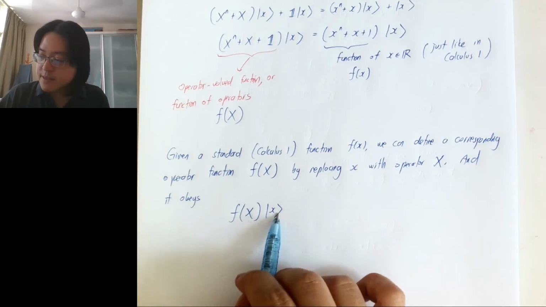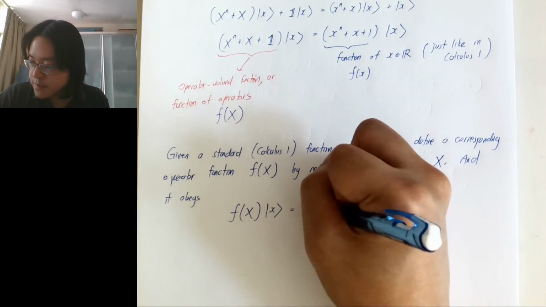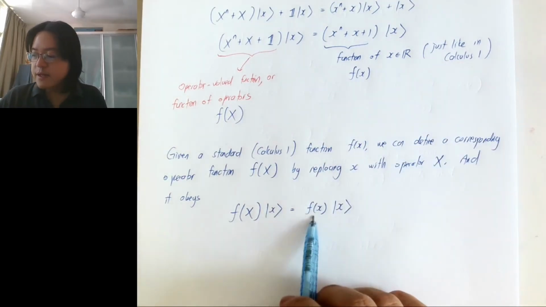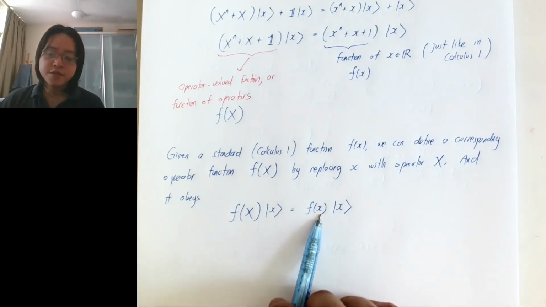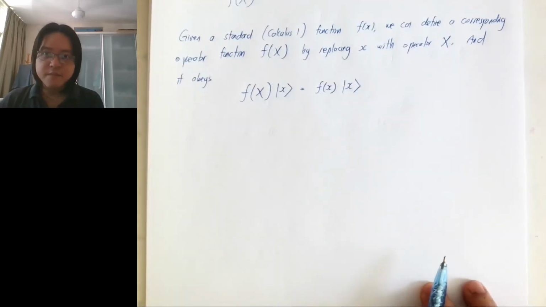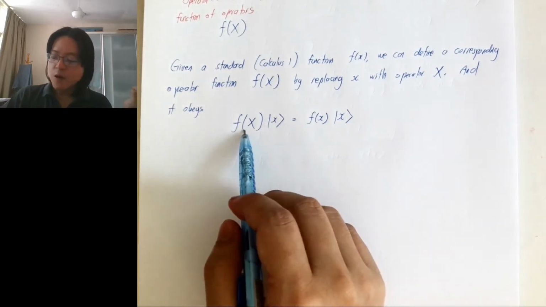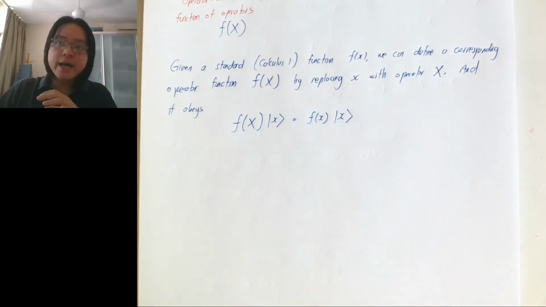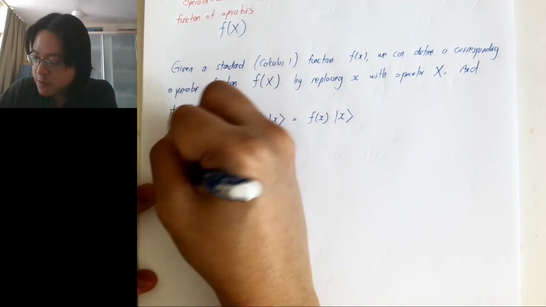If you apply this on the eigenstate x, it just becomes the normal function, the eigenvalue. So the eigenvalue is the value of this function. This is just changing an ordinary function into an operator function. Now that we have an operator function, and knowing that potential energy is a function of x, we can finally define the potential energy operator.